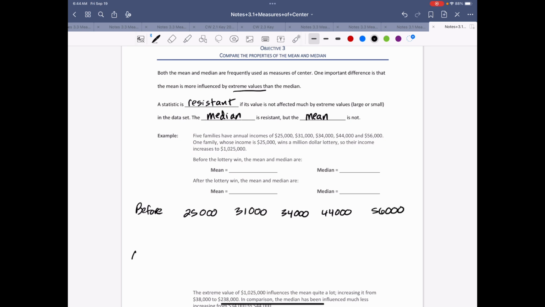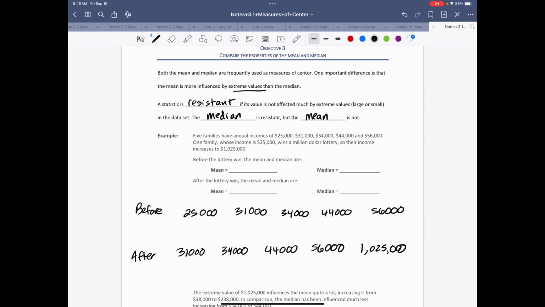And I'm going to list after. And that 25,000 increase. So I'm going to start with the 31,000. And the 25,000 becomes that million and 25,000.